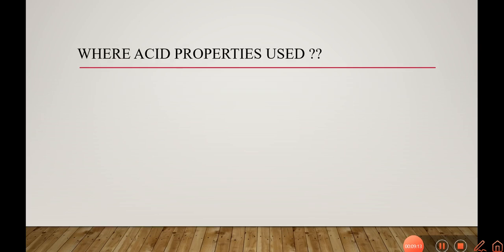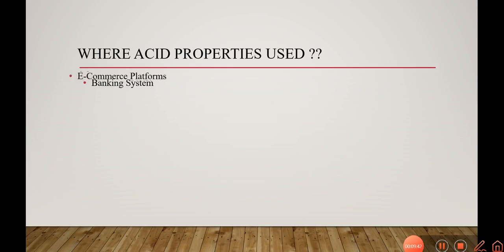Now, as I said, ACID properties are a subset and most important part of RDBMS, that is Relational Database Management System. It is used in banking systems, as I explained with an example of banking, where in each and every bank transaction these properties are involved.